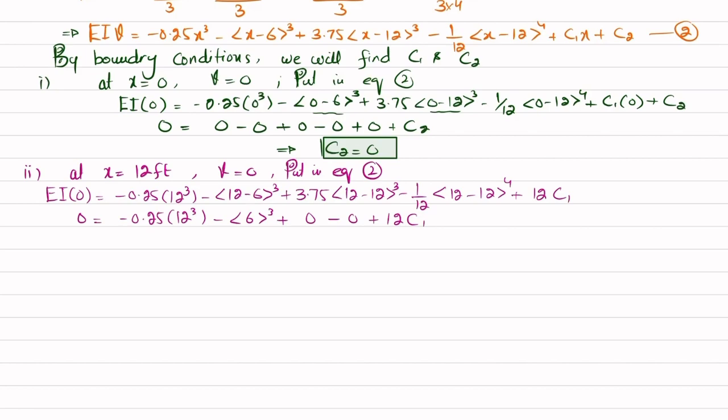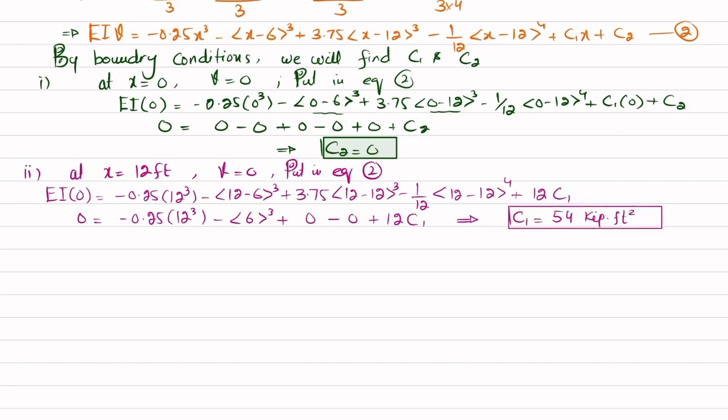So when you calculate it, it's very easy. Take the 12 cube and multiply it with minus 0.25, then minus 6 cube, and solve this. So you will get C1 equal to 54. If you do not write the unit it's okay, but the unit will be kips into square feet.